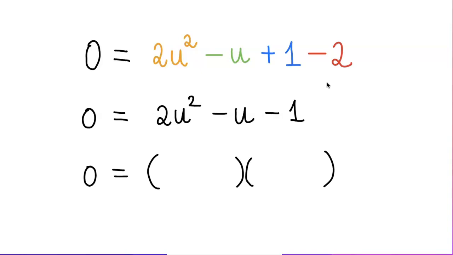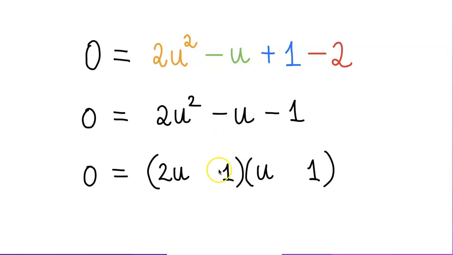I don't know how you prefer to factor this, but I'm just going to guess and check right here. I'll do 2u in the first binomial, and I'll put u right there. And I'm thinking that they must add up to a negative 1. First of all, they gotta be 1 and 1 to multiply to be negative 1 there.